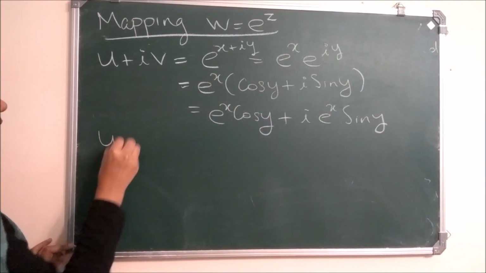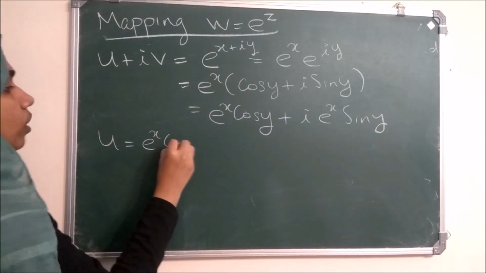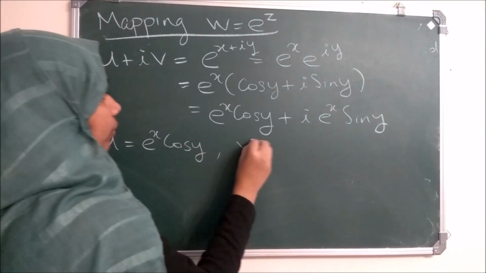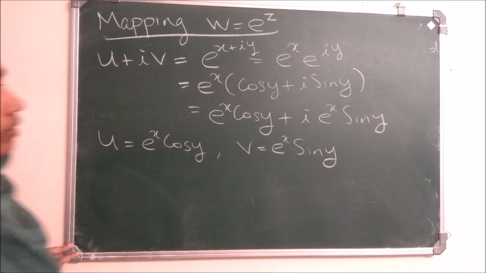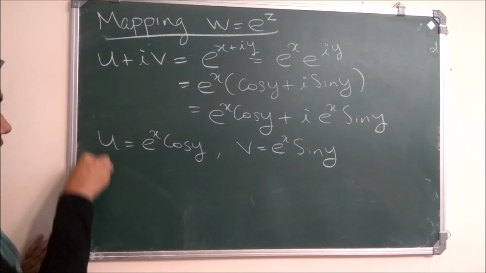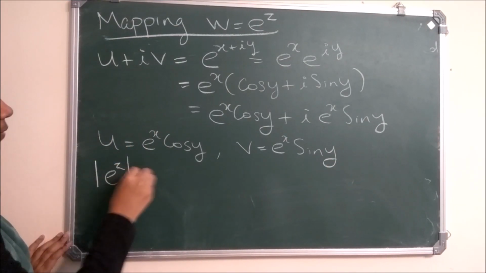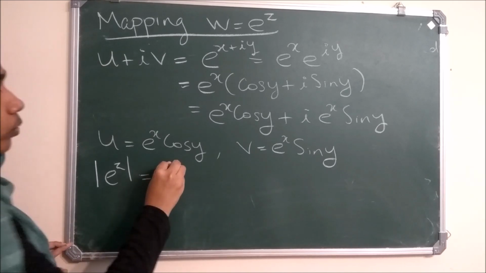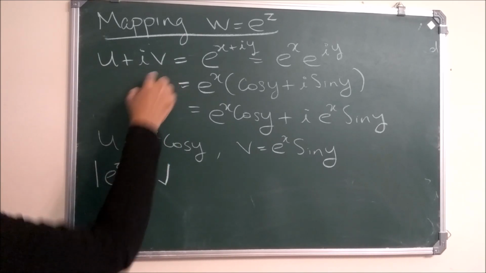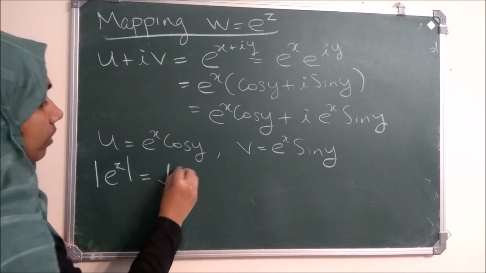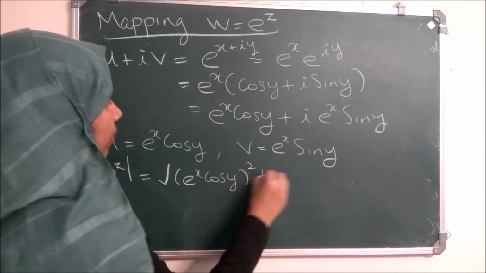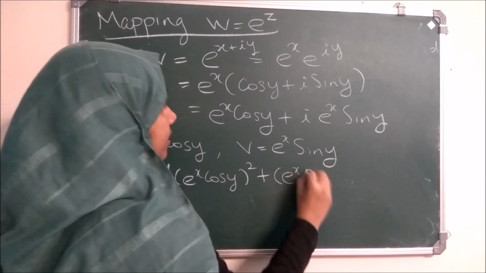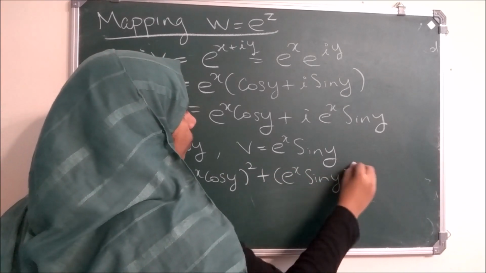So our u is equal to e raised to x cos y and v is equal to e raised to x sin y. Then the modulus of e raised to z will be the square root of u square plus v square. So here u is e raised to x cos y, the square, plus e raised to x sin y whole square.